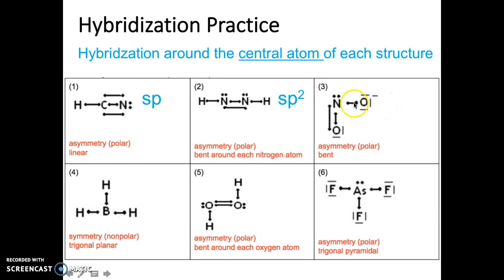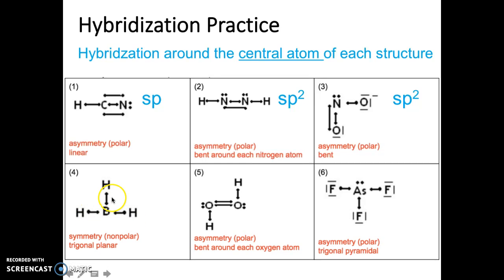Now we go to number three. Number three, you see 1, 2, 3 hybrid orbitals that you would need. And so this would again be the mixing of one s and two p, giving rise to the sp2 hybrid orbitals around nitrogen. Number four, there are three hybrid orbitals needed.